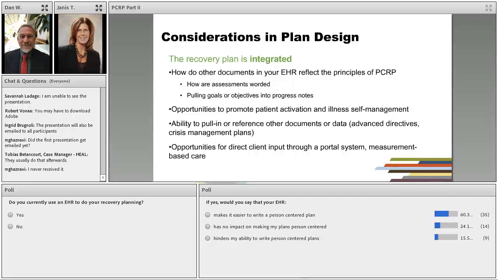We're not really going to speak to assessments too much here, but you have to think, where is the information for your plan coming from? It's coming from the information that you glean through assessments, and those are going to be dependent on the questions you ask.